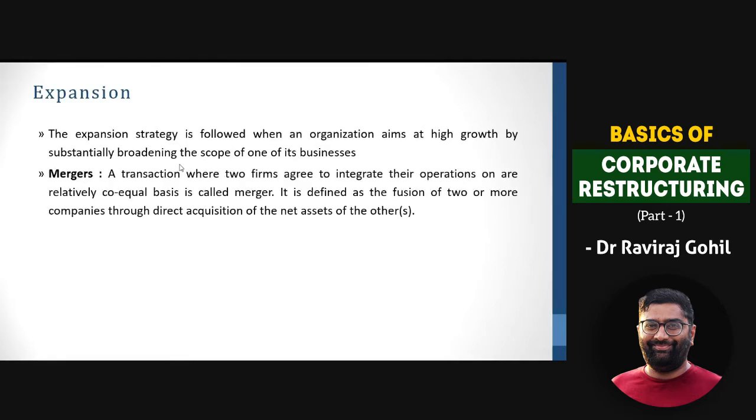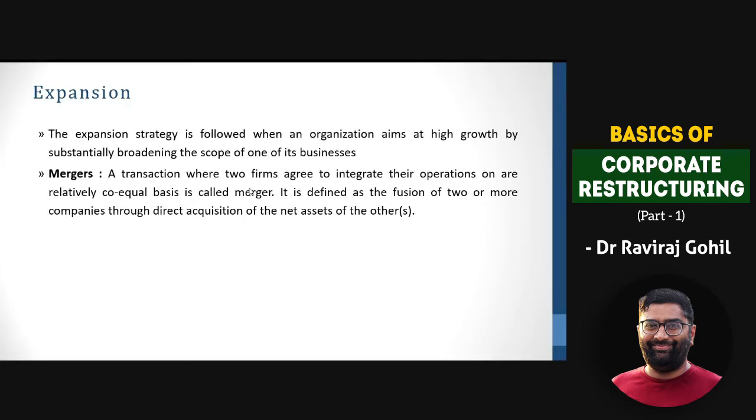A very simple transaction for expansion is called merger. So merger is a transaction where two firms agree to integrate their operations on a relatively co-equal basis. So obviously you have two different entities, they combine together, right? It's called a fusion of two or more companies through a direct acquisition of the net asset of the others.